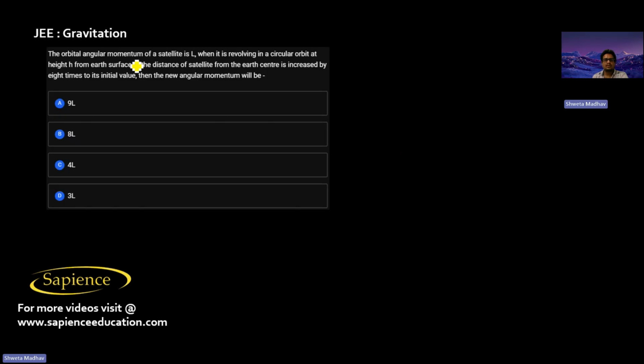And it is told the orbital angular momentum of a satellite is L when it is in a circular orbit at a height h from the surface. If the distance of the satellite from the Earth's center is increased by 8 times its initial value, then the new angular momentum will be.